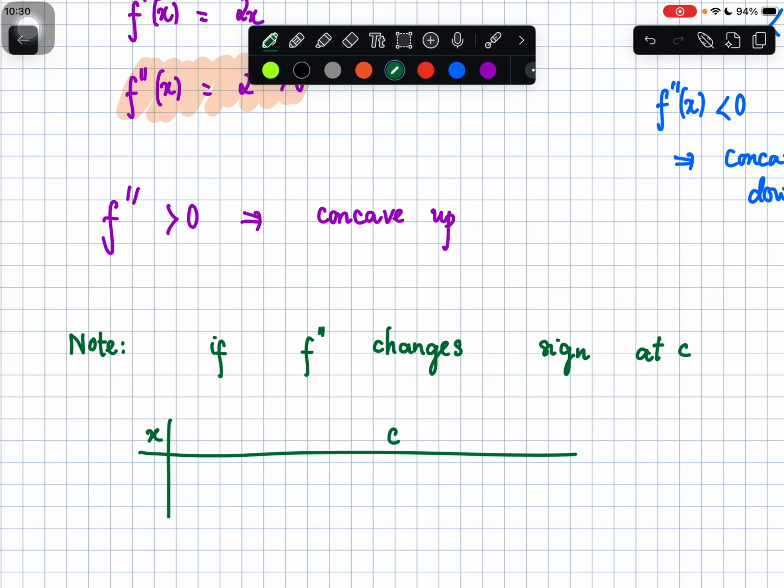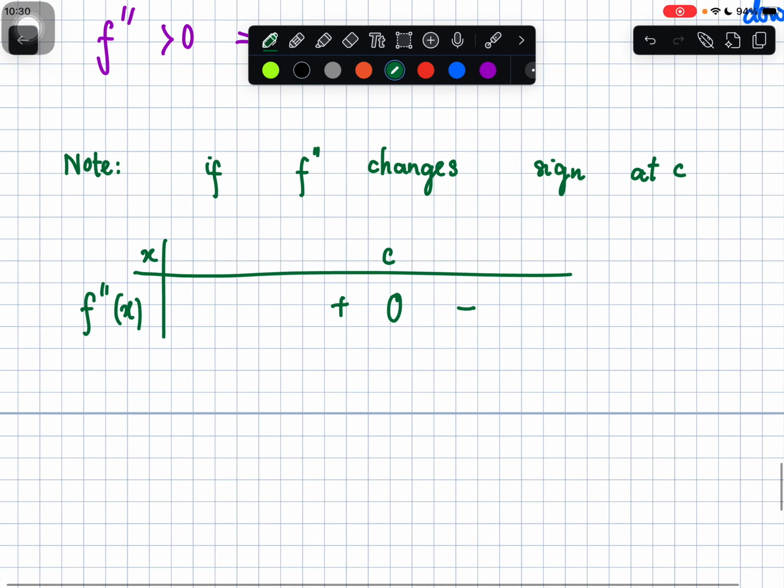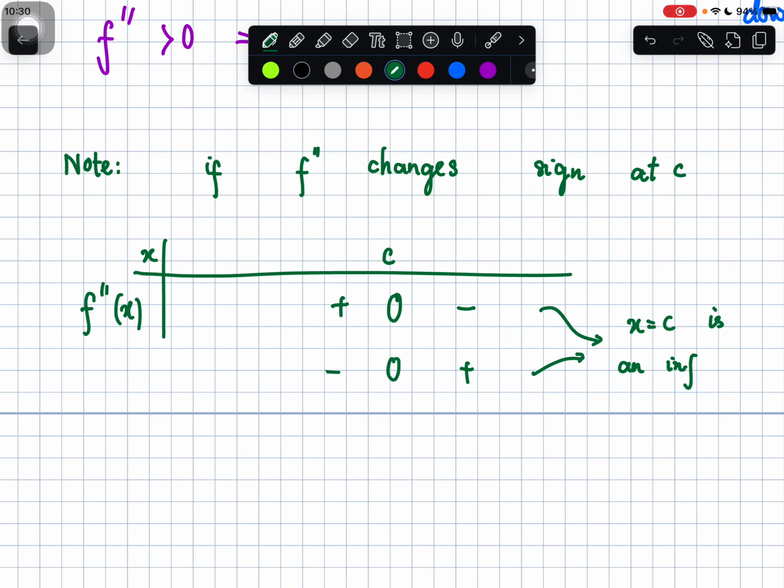Suppose f double prime of c is 0, and before that it is positive, after that it is negative, or negative, 0, positive. Then either way, x equal to c is an inflection point. So that is a point where the concavity changes.